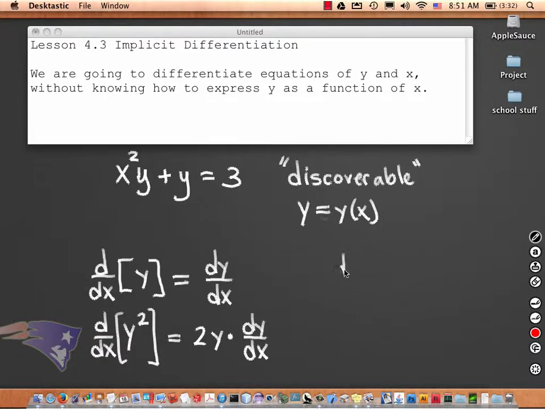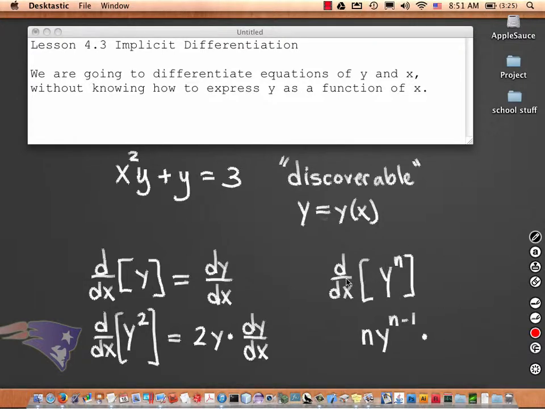If I have d dx of y to the nth power, then the nth power has to be dealt with first. So this is n times y to the n minus 1. But then the chain rule says now differentiate what was inside the nth power, and that's y.